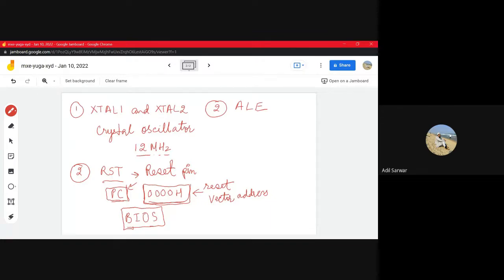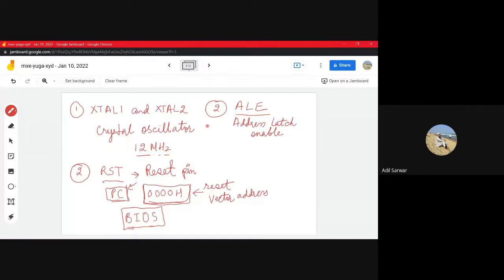So ALE refers to address latch enable. Let us see what its function is.